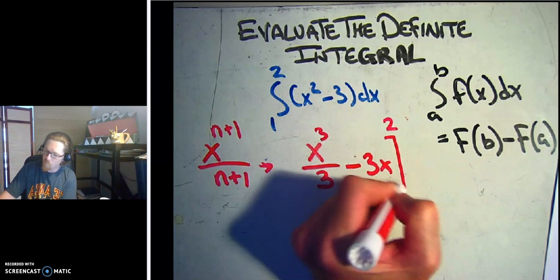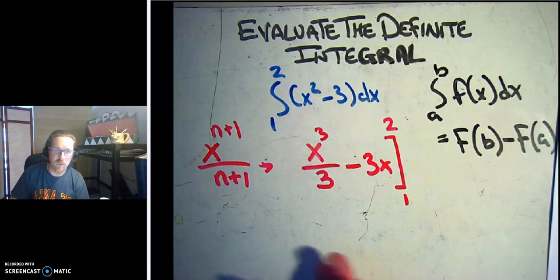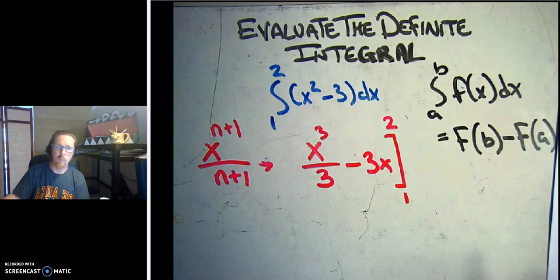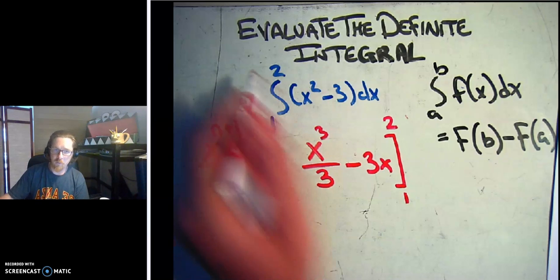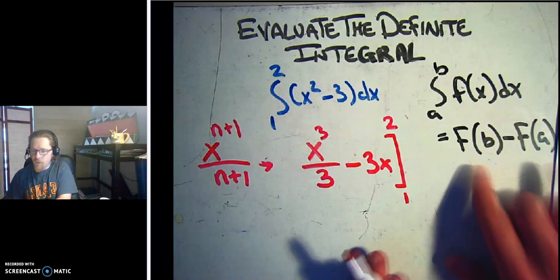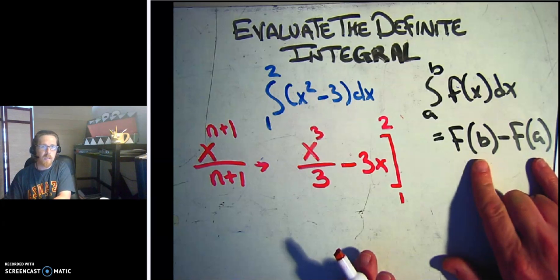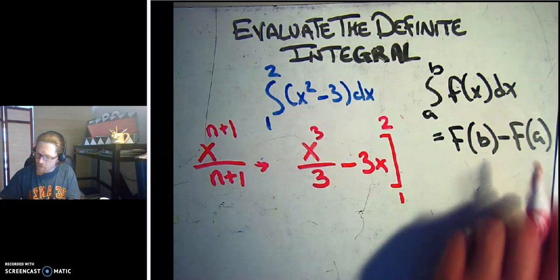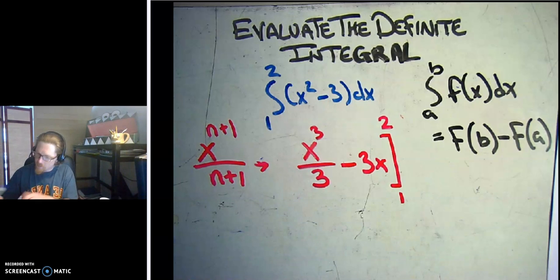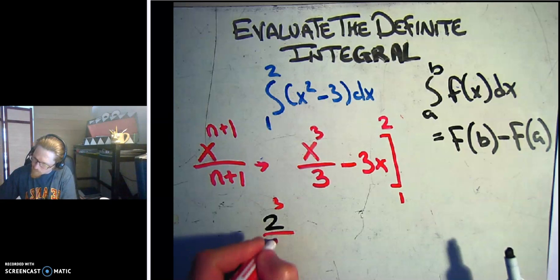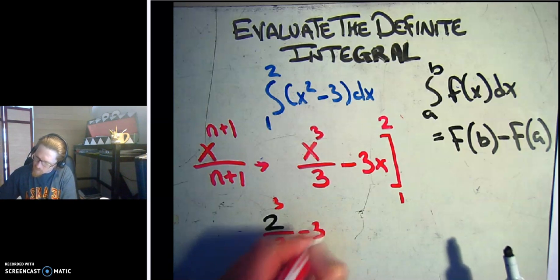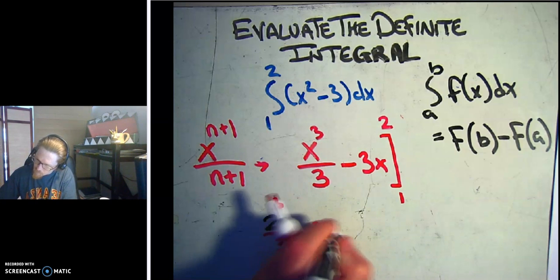Notation-wise, we just draw this bracket and put our values of 1 and 2. Now, following this, we did our antiderivative. We're going to plug in the b and the a. So this is going to give me 2 to the third power over 3 minus 3 times 2.